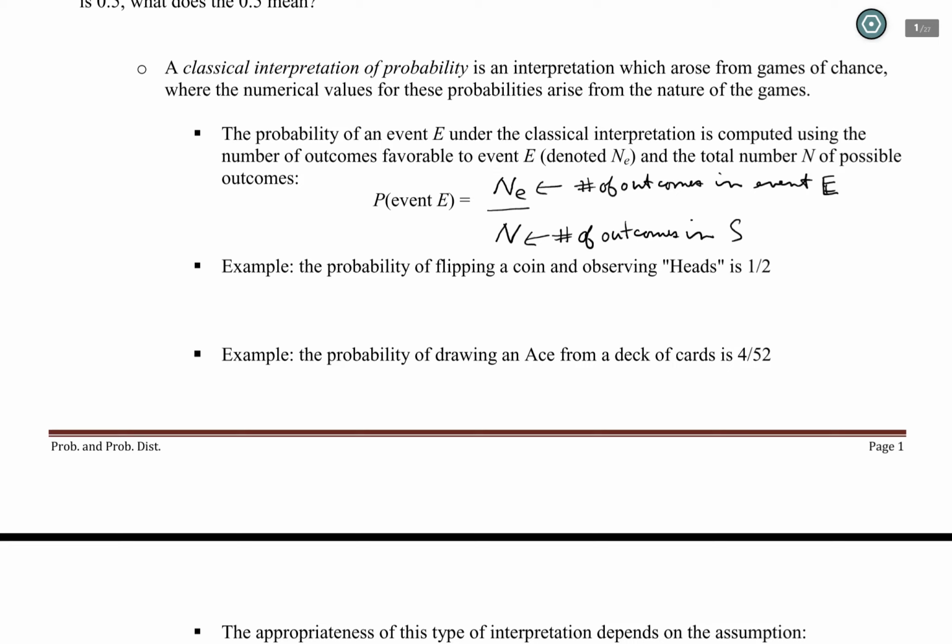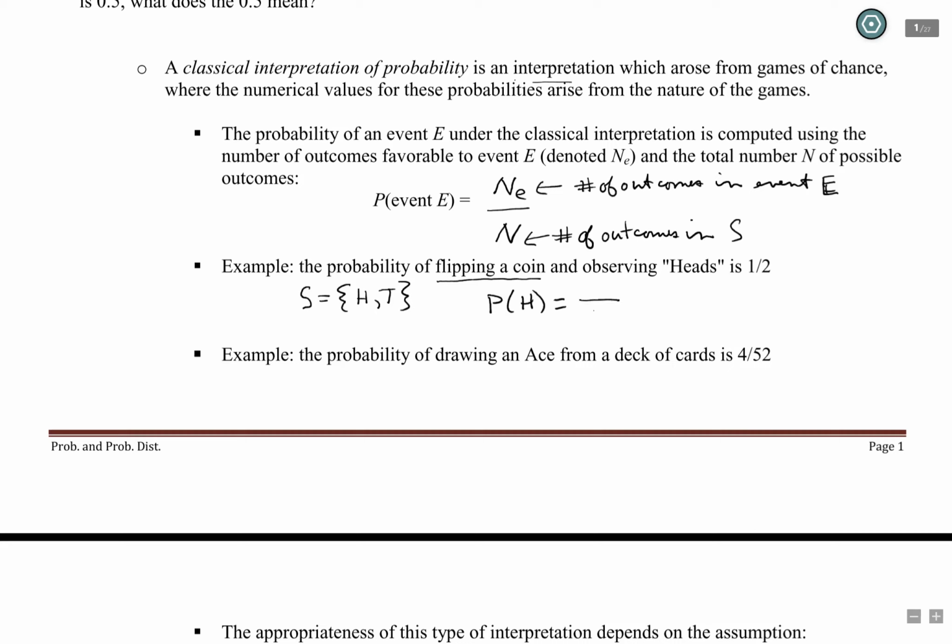Now, a couple of examples here. So suppose we flip a coin. So flipping the coin is the experiment, and that results in this sample space. We could see a head or a tail. Now, what's the probability of a head? Well, according to this interpretation, it's the number of outcomes in that event divided by the total number of outcomes in the sample space.